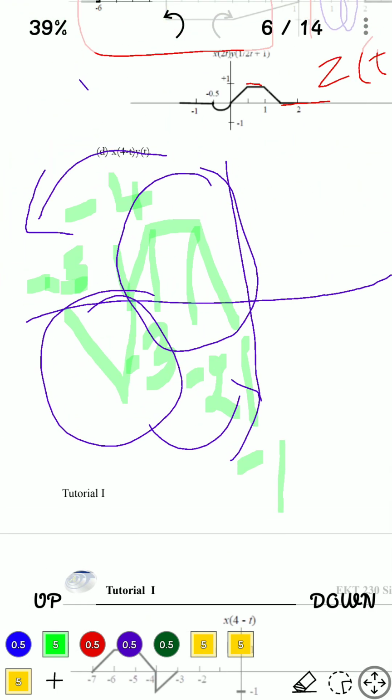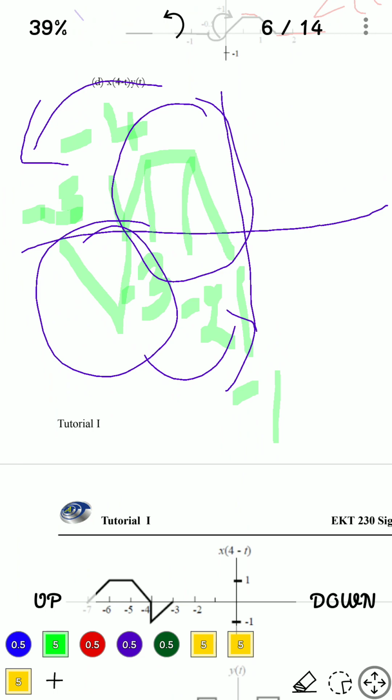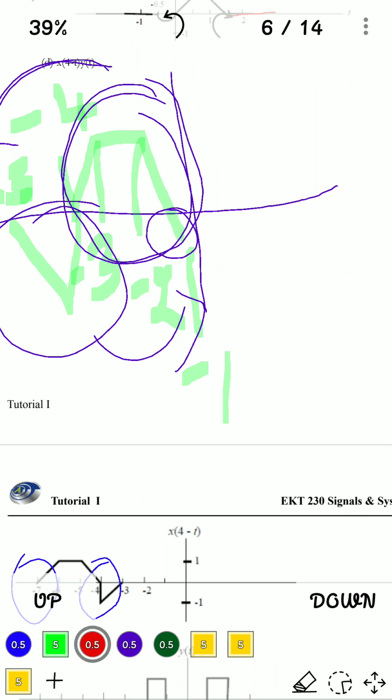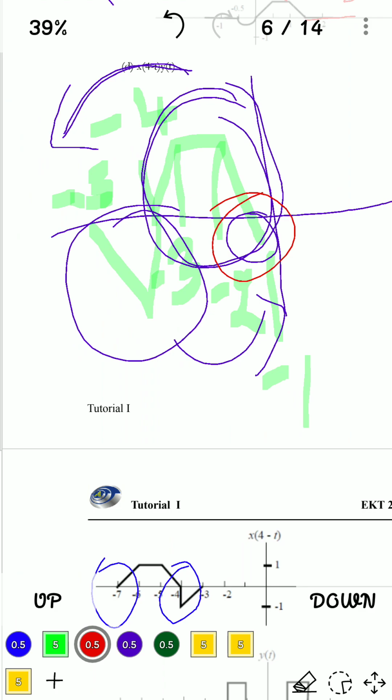When this part comes to this side, whatever the amplitude you had at minus 1 will go to 7, taking the place of 7 here. Whatever the amplitude you had at minus 4 will be the same, minus 4 here.